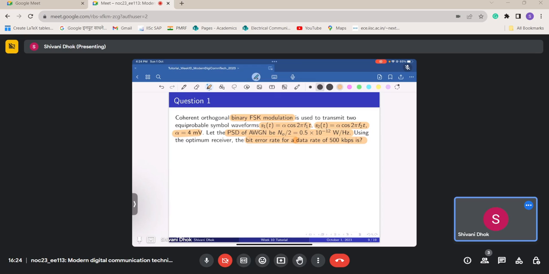So these are the things that we have. Now in the class we had seen that any orthogonal signaling, if it is binary, then we'll have two vectors which will be something like this.